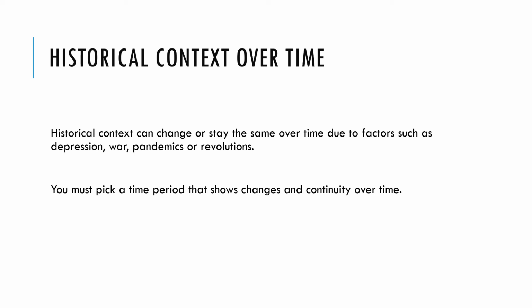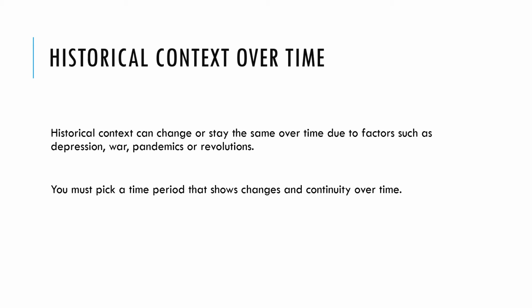Okay, so because you're looking at historical context changes over time, what you have to do in the essay is pick some significant events that show that change from your start date to your end date of your essay.